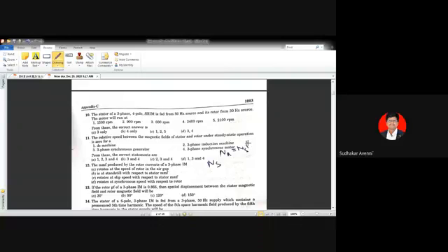So for 1 minus S, definitely we are going to find out the slip here. So what is the slip here? They have not given the rotor speed. Instead of rotor speed, they have given the rotor frequency. So what is the rotor frequency? 30 Hz. 30 Hz means already we know the formula: FR is equal to S into F. F means supply frequency 50 Hz, rotor frequency is 30 Hz. So from that, 30 by 50, S is equal to 0.6. Slip is 0.6.